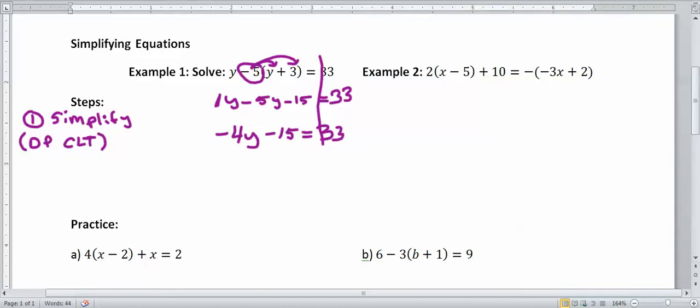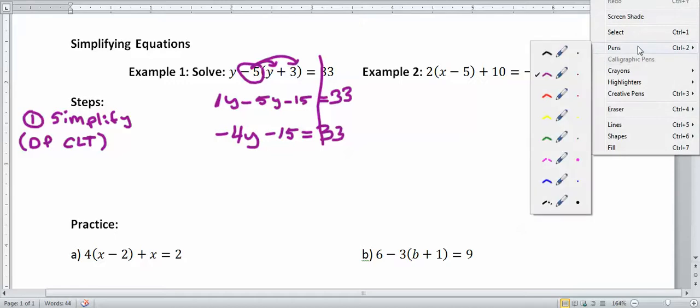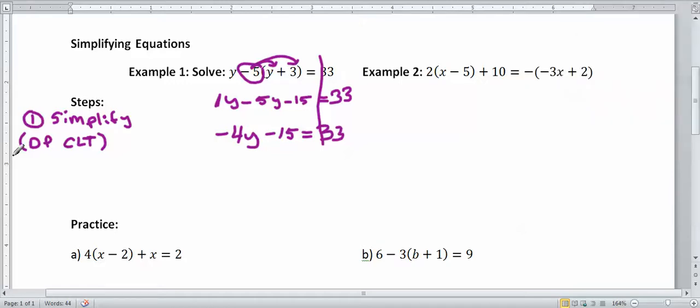From there, I'm going to solve for my variable. I'm going to switch colors here. Remember, my overall goal is to get a value for my variable. To get y by itself, first thing I got to do is get rid of this 15. It's minus 15, so I'm going to do the opposite and add 15 to both sides. I get negative 4y is equal to 48.